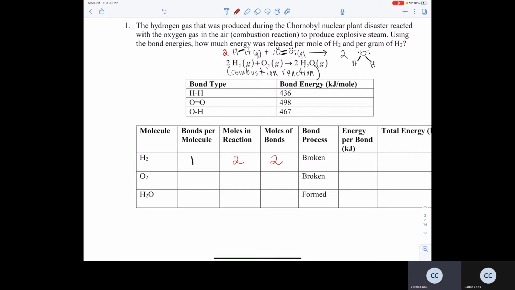And so the hydrogen-hydrogen single bond gets broken in this reaction. For reactants, their bonds are broken, and the atoms then get free to rearrange to form products. And therefore the oxygen-oxygen double bond is also broken.